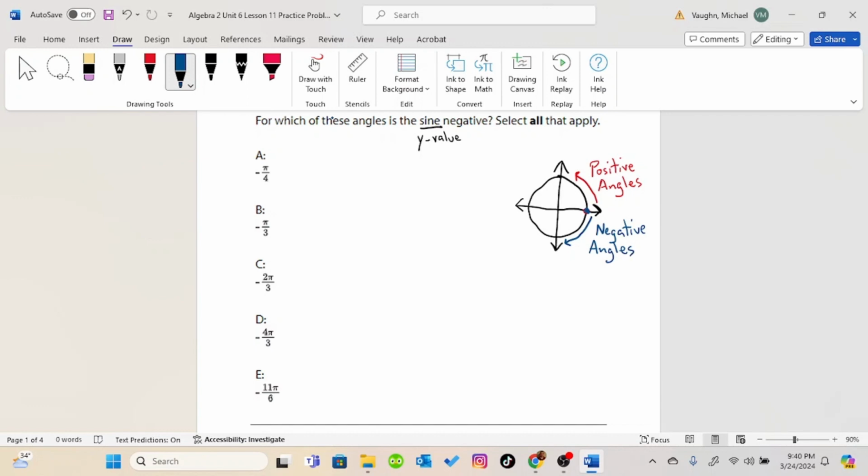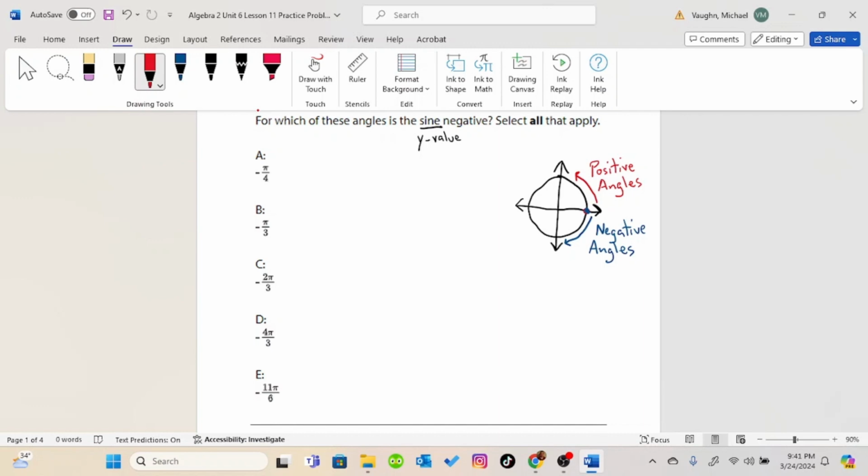So when they're asking if angles have a negative sine, we are going to take those angles rotating clockwise, and they will need to be on the bottom half of the circle in either quadrant 3 or quadrant 4. So the first point we have would be negative pi over 4.